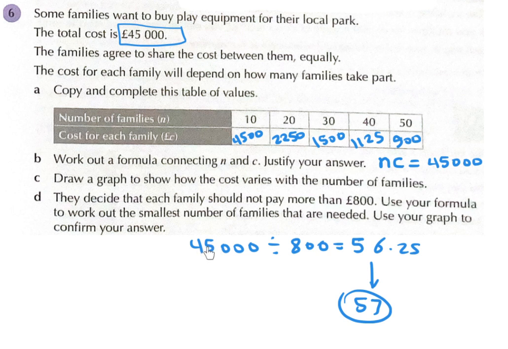So 57 is the least number of families, because I need the minimum 45,000.